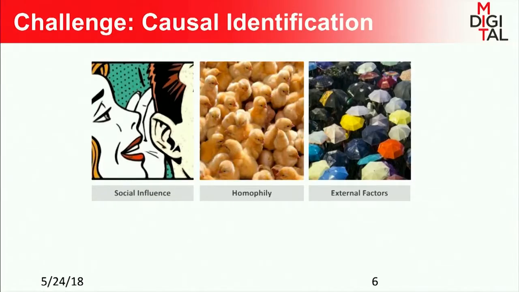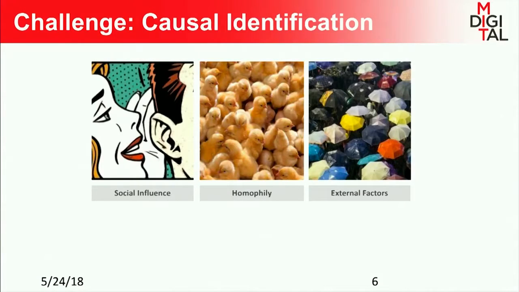If we observe our behaviors correlated with our peers, it may not be because of social influence, meaning that my behaviors spread to my peers, or alternatively, my peers' behaviors cause my behaviors. It may also be because of homophily, or birds of a feather flock together. Here, we are friends because we share interests, preferences, and therefore decisions.